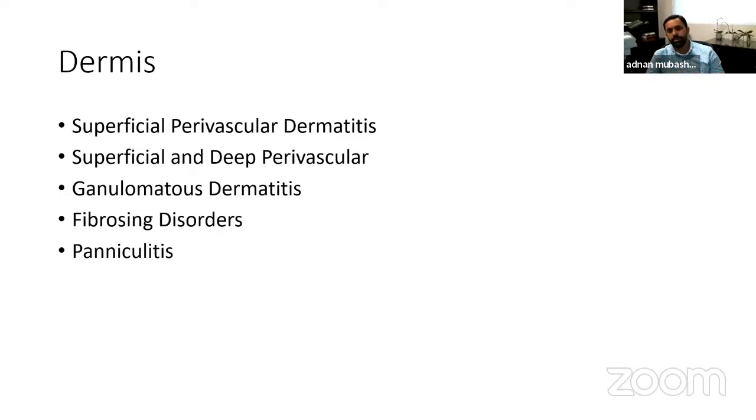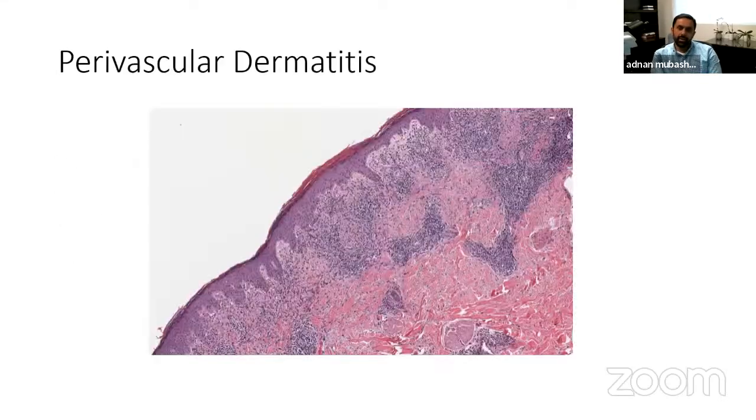Now moving on to the dermis, you have these five patterns that you see in the dermis. Superficial perivascular, superficial and deep perivascular, granulomatous pattern, fibrosing pattern, and paniculitis.